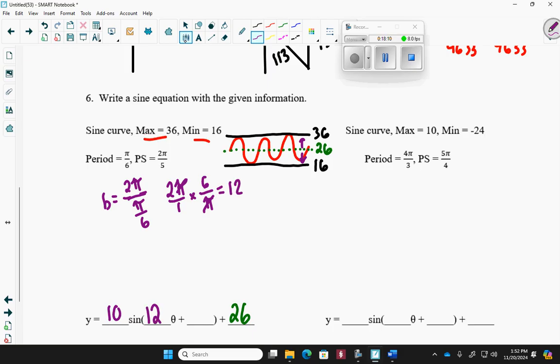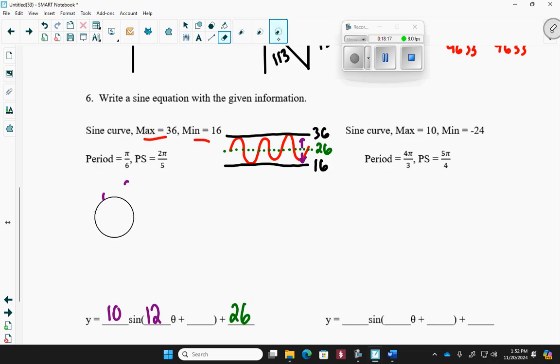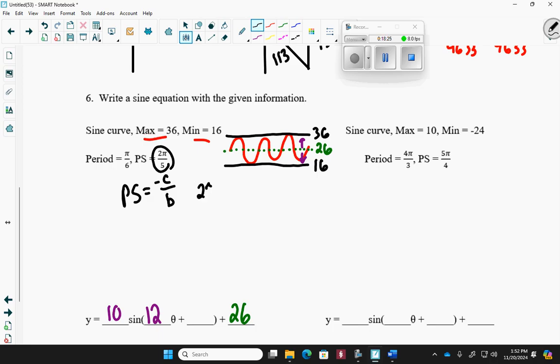Next is finding our C. Finding your C is probably the most challenging because you've got to do a little bit more math. Now remember, finding C, you've got to use the phase shift formula, which is negative C over B. Phase shift is right there, so 2 pi over 5 is equal to negative C over our B, which is 12. Okay, so a little bit of algebra.